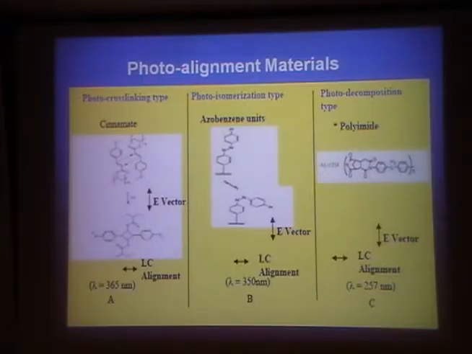So the in-plane anisotropy is introduced by means of that angle-dependent photodissociation. That requires a fairly short wavelength ultraviolet light, and this works for near ultraviolet, and this works also in the fairly long wavelength.